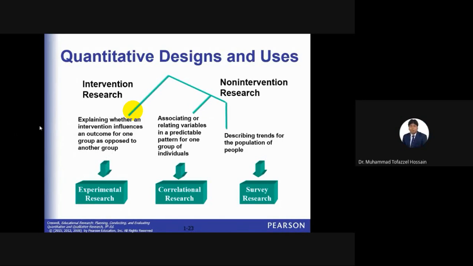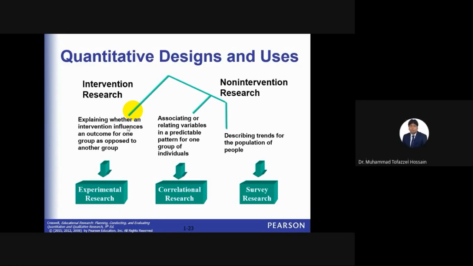If you want to know the outcome, who is learning better at the end of the semester, male or female, that is experimental research. Because now you have to know what things are influencing the outcome. So why do females learn faster than males, or why do males learn faster than females? Both can be. We don't know who is more successful.